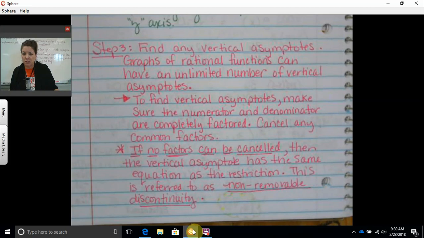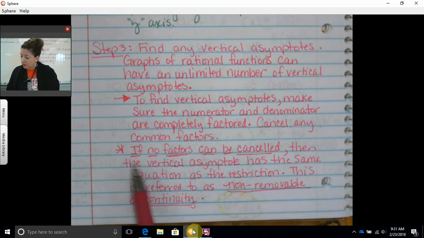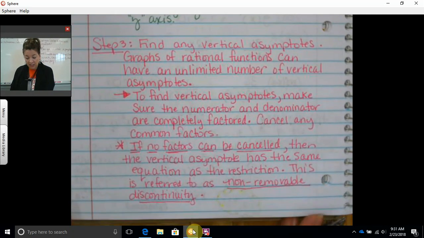We'll talk about it more, obviously, when we start graphing, but I just wanted you to know what it meant when it said, if no factors can be canceled, then the vertical asymptote has the same equation as the restriction. All right? Last thing in this step is sketch any and all vertical asymptotes.